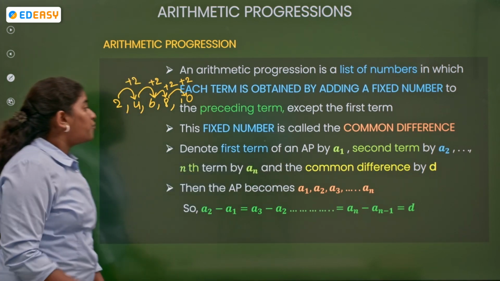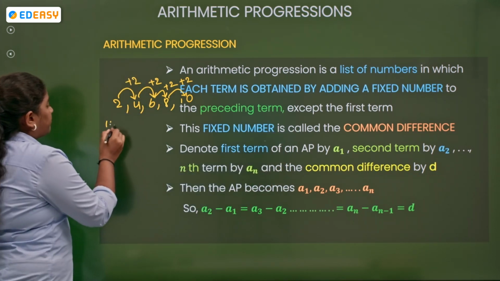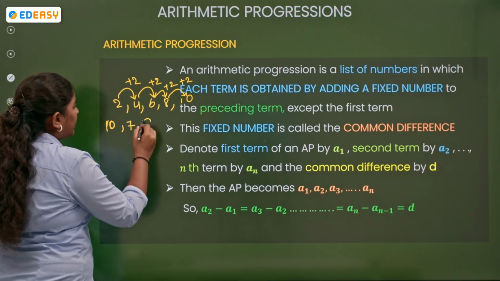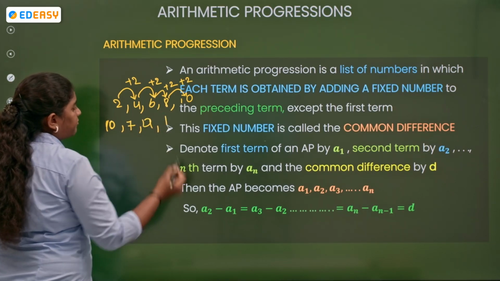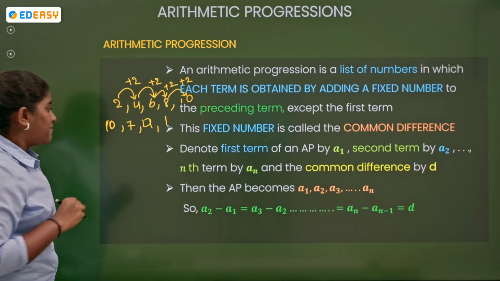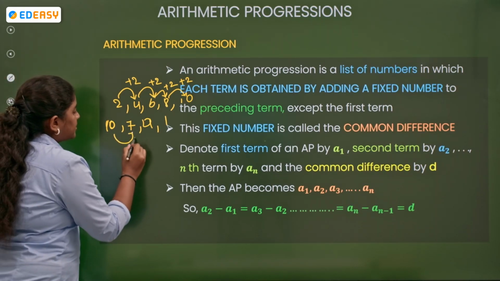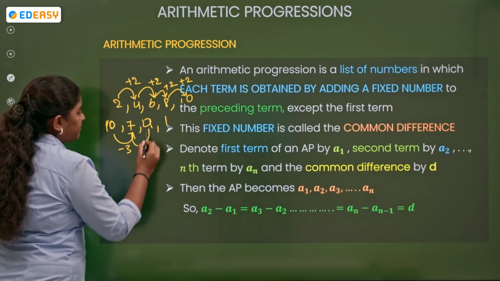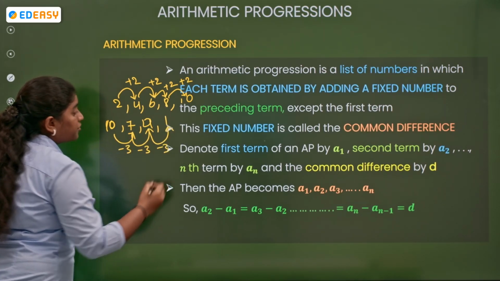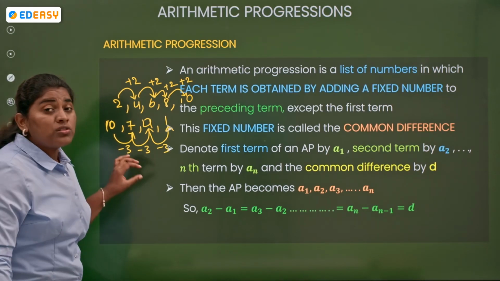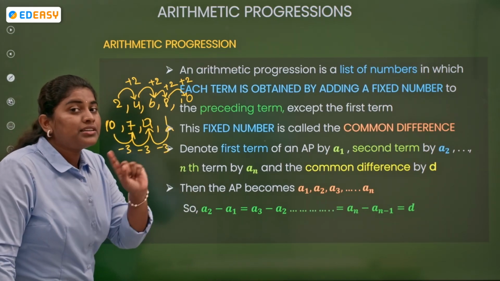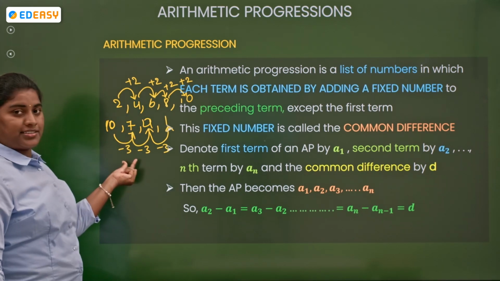Now, what if I take 10, 7, 4, and 1? Is it an arithmetic progression? Yes. Why? Because 10 minus 3 gives 7, 7 minus 3 gives 4, and 4 minus 3 gives 1. So here also I am adding a fixed number, and that fixed number is minus 3.